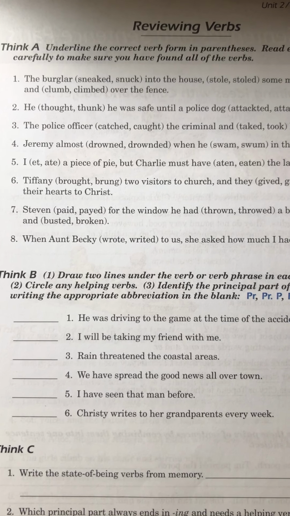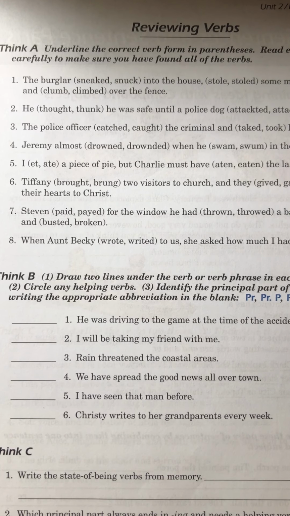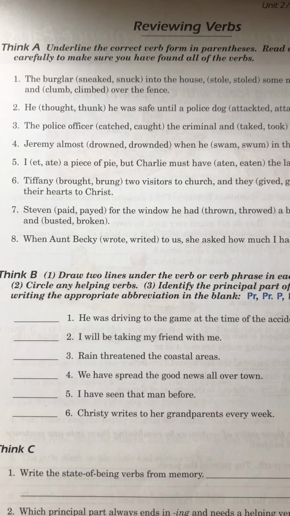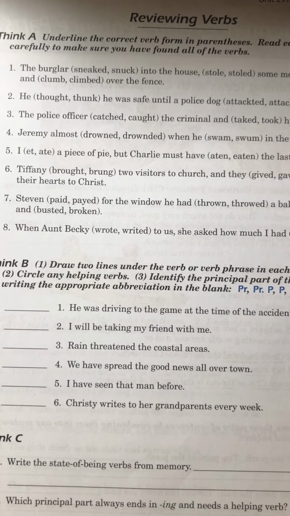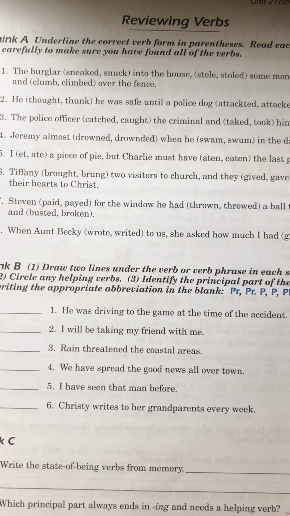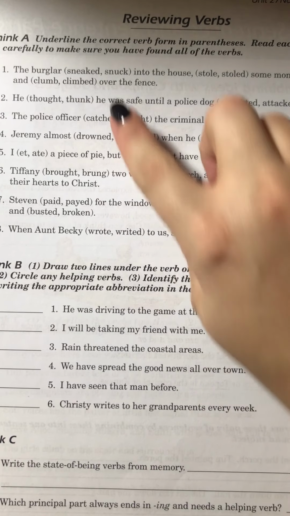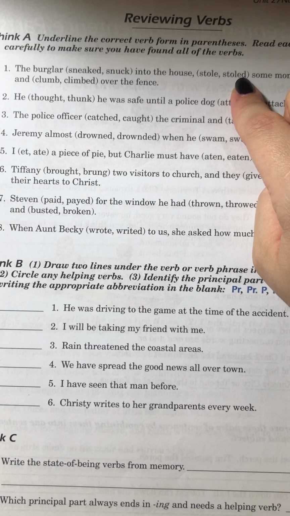So for Part A, you're going to underline the correct verb form in parentheses. So this one's going to be easy because you have the possible answers in parentheses within each sentence. So what you're going to do is read the sentence, read it out loud, and choose which of the words in the parentheses makes sense.